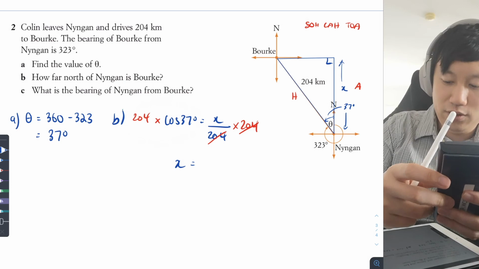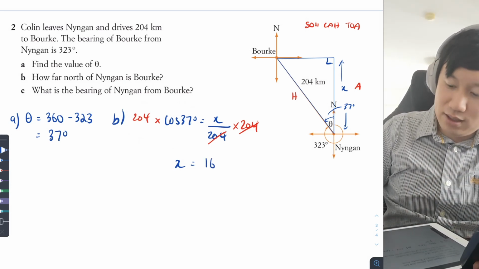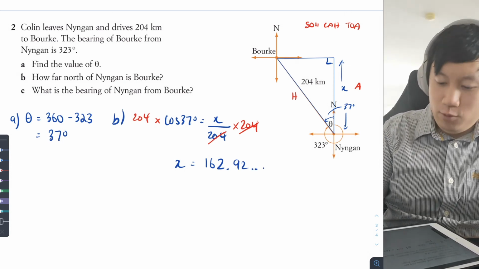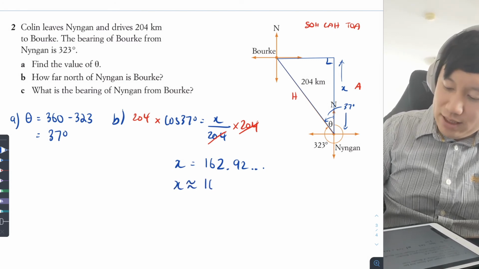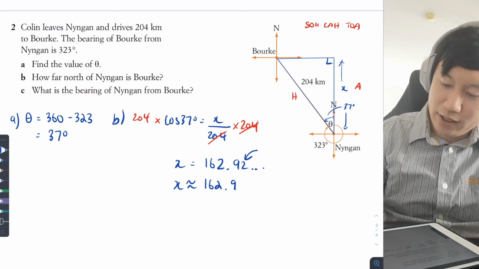So 204 cosine of 37 is going to be 162.92. Once again, the question didn't say what to round to, so I'm just going to round it to one decimal place. So that will be 162.9, since this number here is under 5.